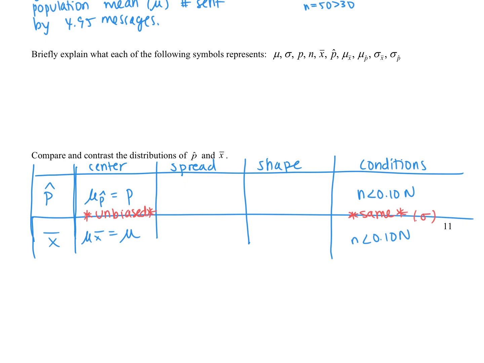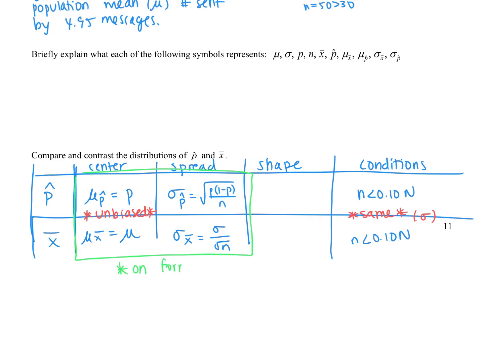For our standard deviation formulas, for P hat, it's the square root of P times 1 minus P over n. And then for X bar, what we just found, population standard deviation over root n. These formulas are all on the formula sheet, and I'll show you that in a minute.